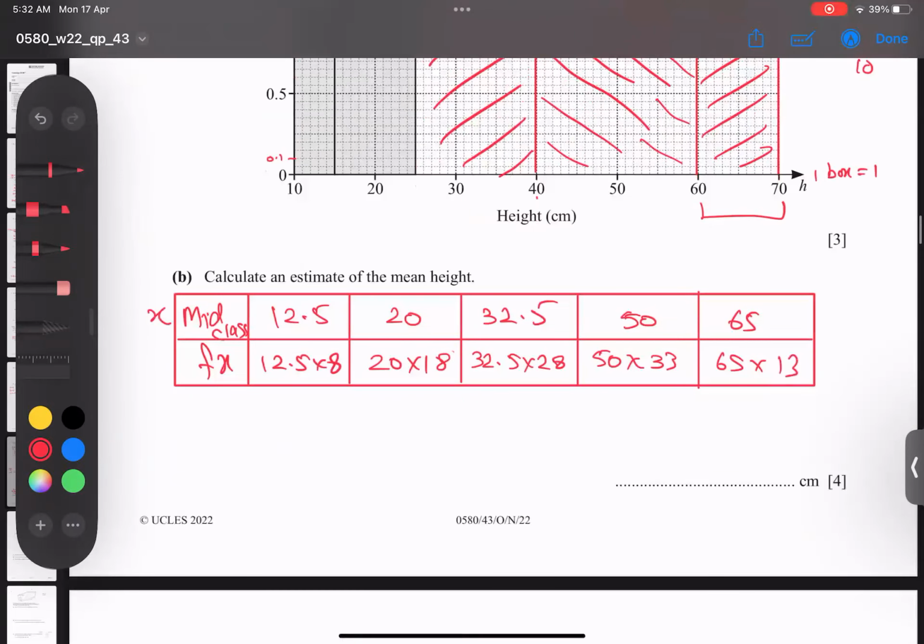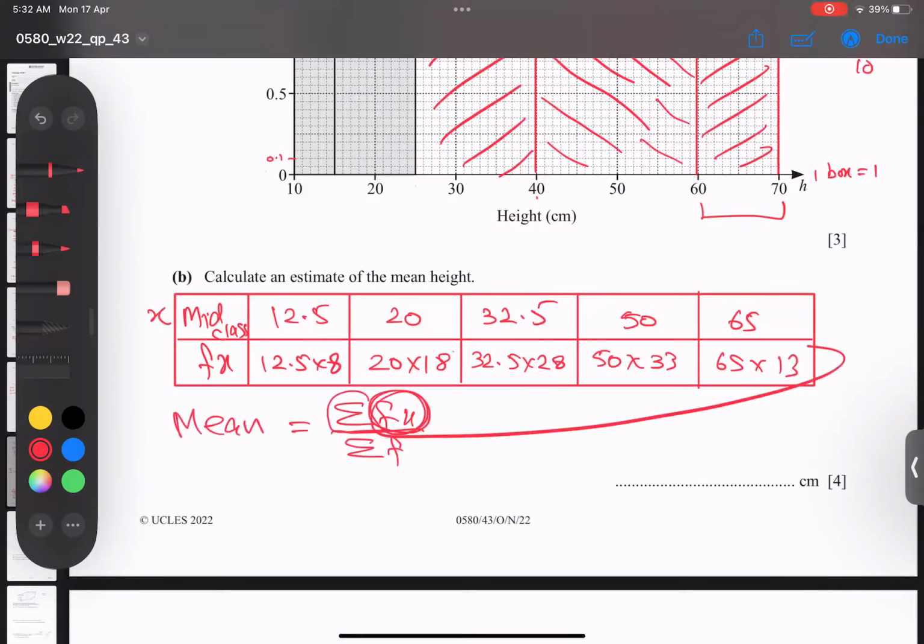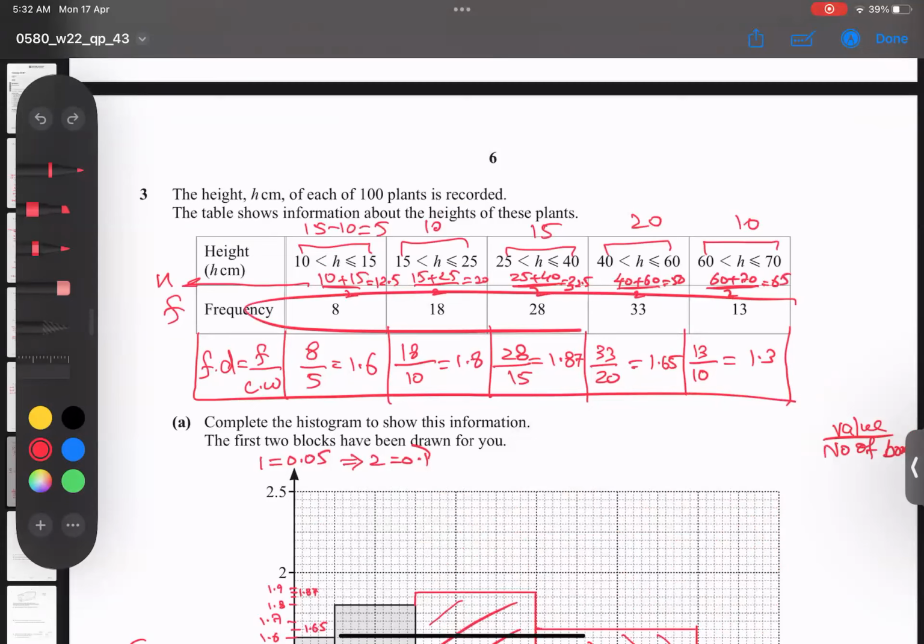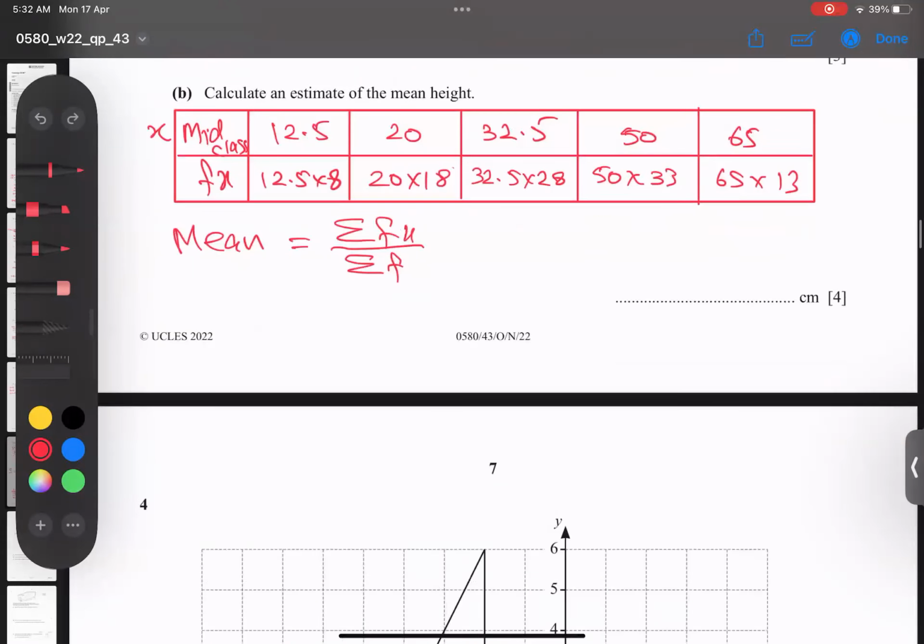And that's it. And the formula for mean is what? Sigma fx by sigma f. Sigma means the sum of this column, all these values summed. And sigma f means the sum of all the frequency column, which becomes 100. So the denominator, no need to find it. Only the upper part we need to find.